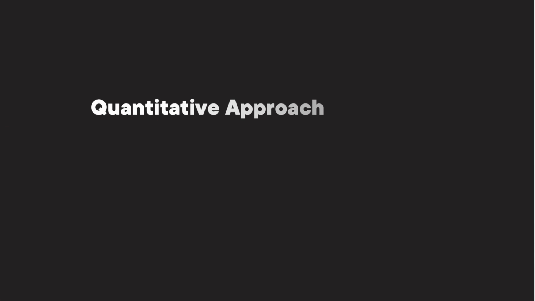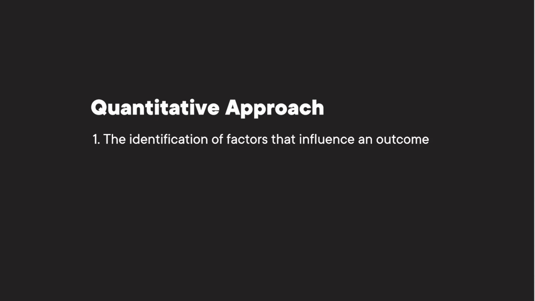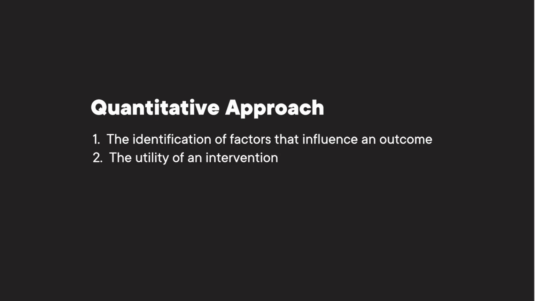Now, when we are looking at quantitative approach, it's best used if the problem calls for 1, an identification of factors that influence an outcome. 2, the utility of an intervention. Or 3, the understanding of the best predictors of outcomes. It is also the best approach to use to test theories or explanations.